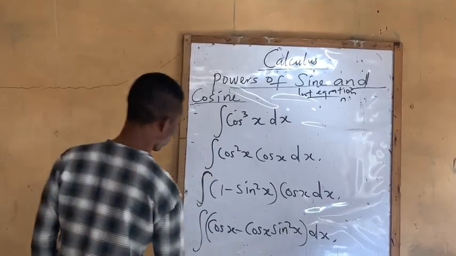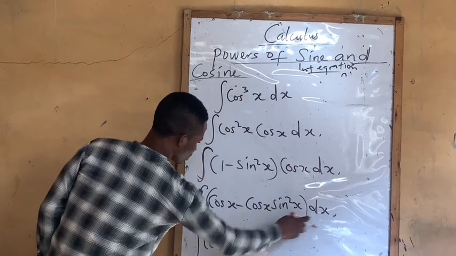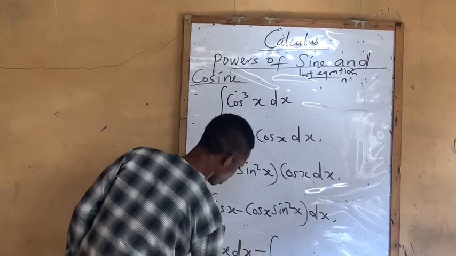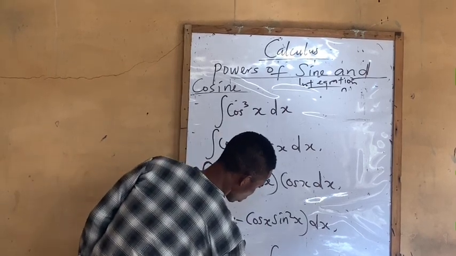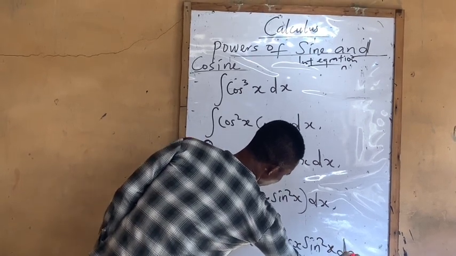So we use the integral to open the bracket. That means the integral of cos x dx minus the integral of cos x sine square x dx.